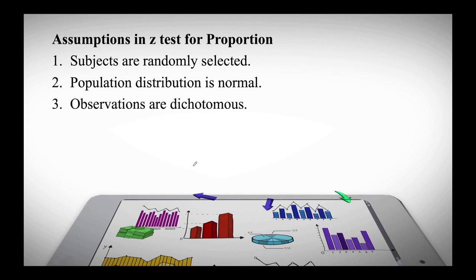Last assumption, observations are dichotomous, meaning two. That is why, as I said, it is almost the same as a binomial experiment.